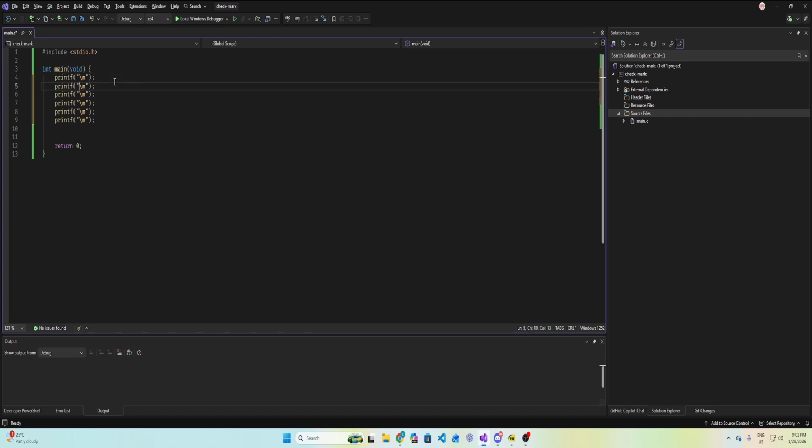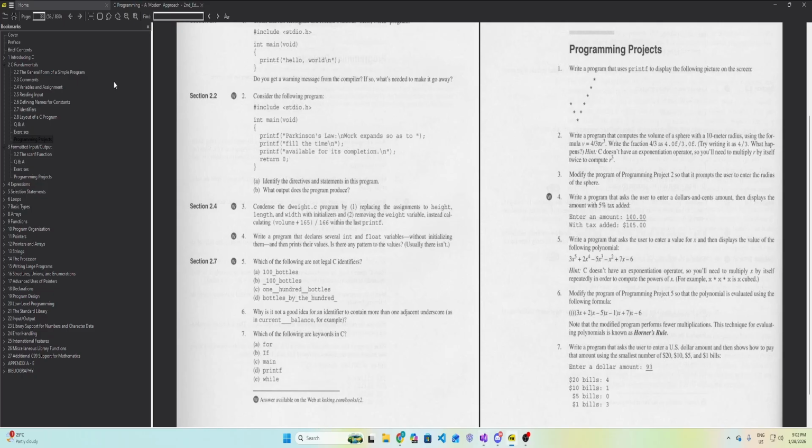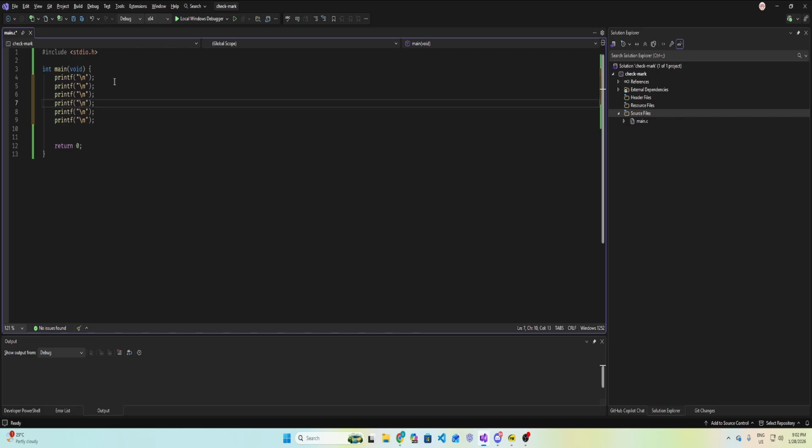So the first 3, let's start at the third one. And then we make 2 spaces, and then we just come back like this.